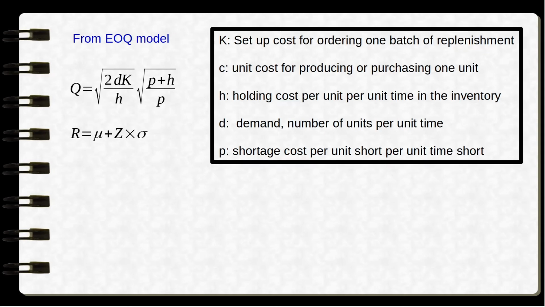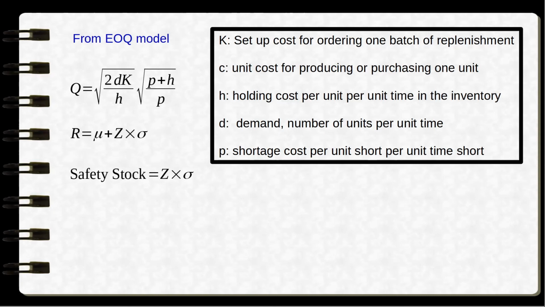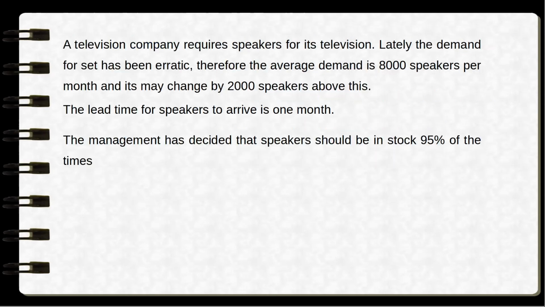The reorder point R is going to be mu plus Z into sigma, and the safety stock is nothing but Z into sigma, that is R minus mu. And T, that is the cycle time, is going to be Q by D, and the expression for that is on your screen.